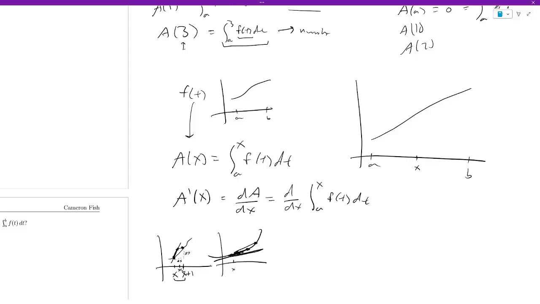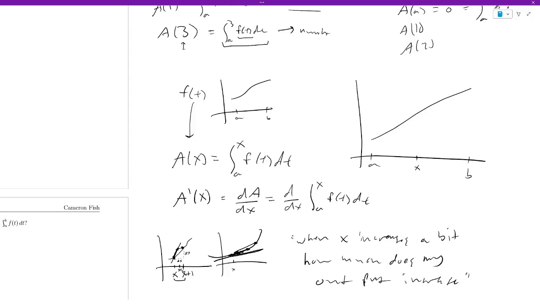So really, a way to think about this derivative is, in quotes, when x increases a small bit, how much does my output increase?